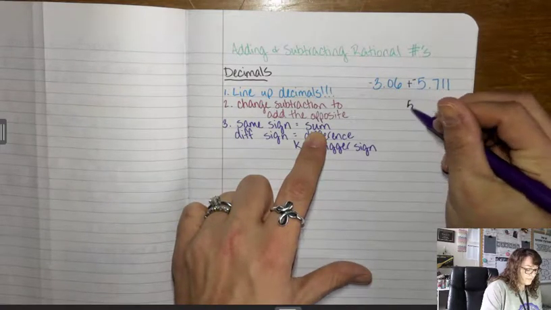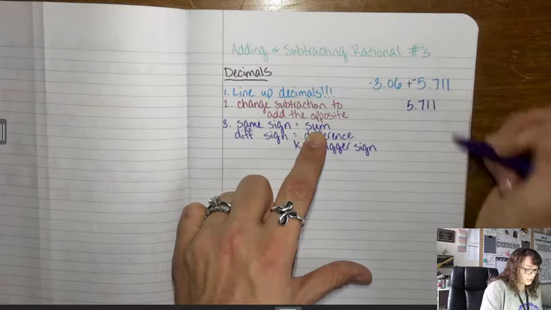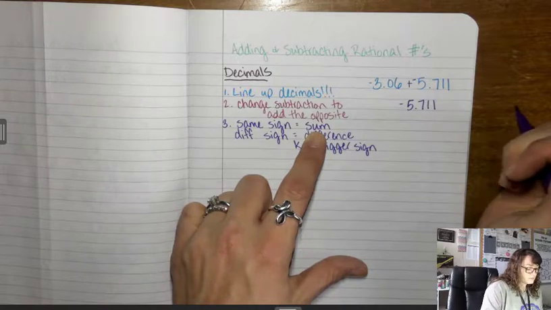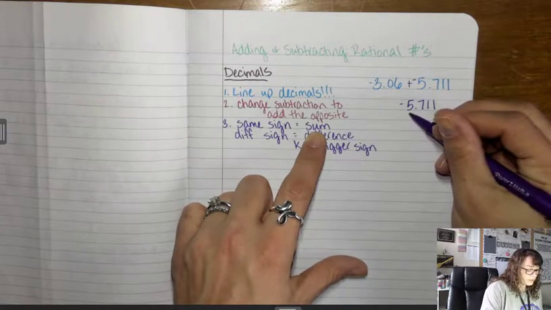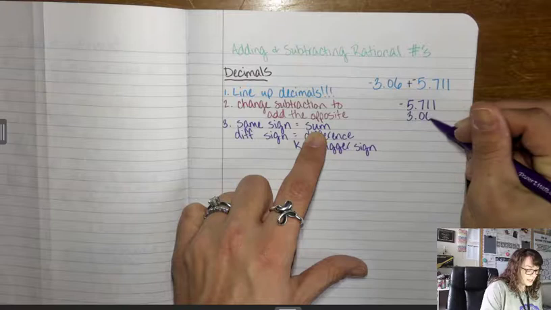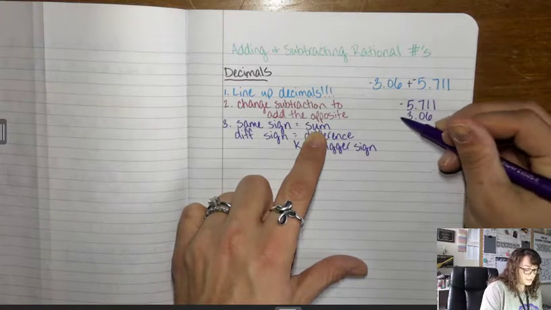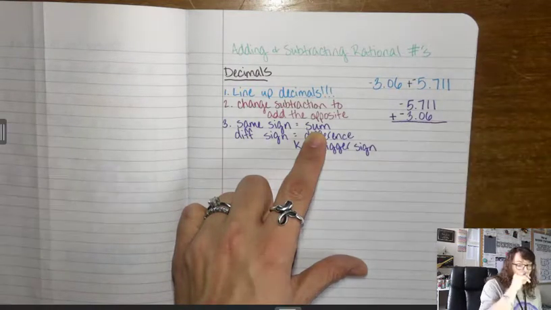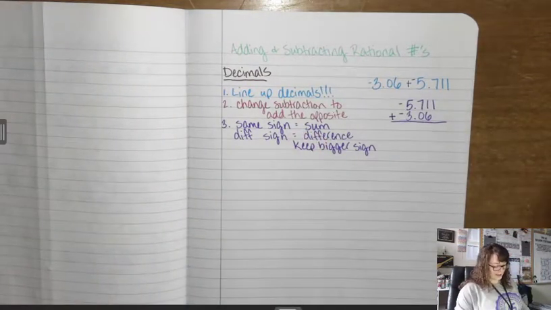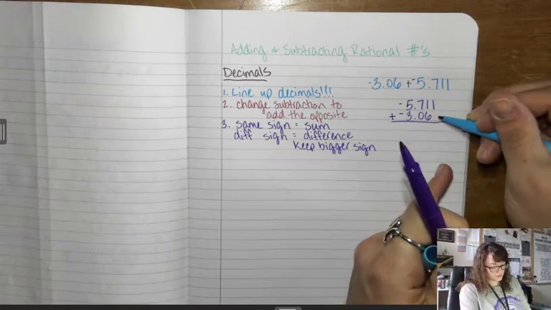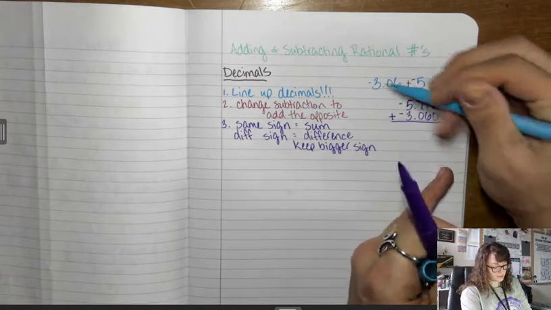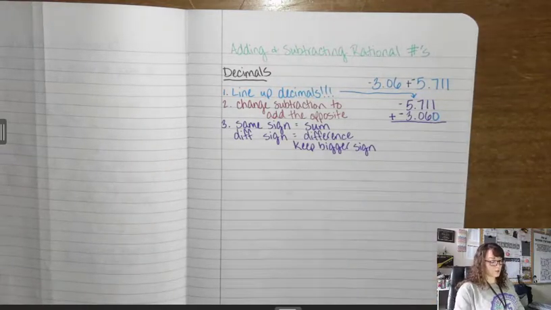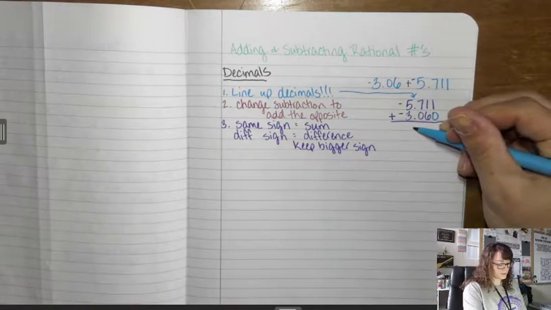So I'm going to put 5.711 on top, negative, and then the bottom I'm going to put 3.06. The decimals have to line up. It's also a negative. I'm adding them together. And I can add a 0 right here to fill that space because my decimals have to line up. And when my decimals line up, my decimal ends up right there.